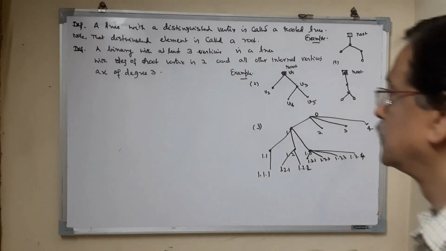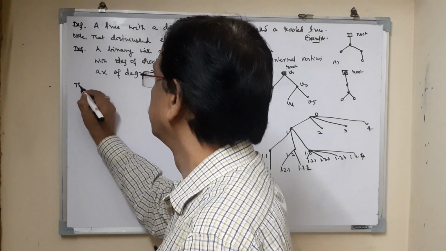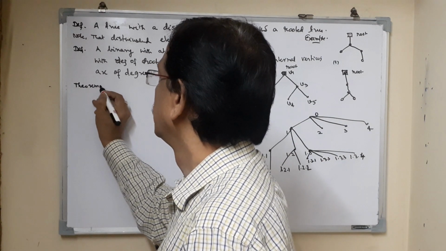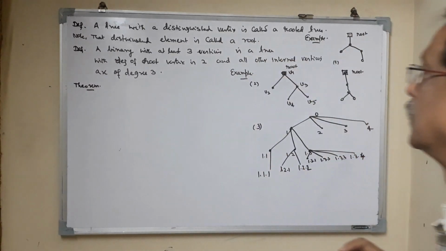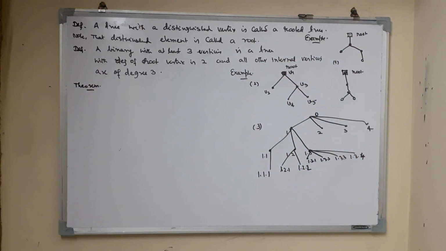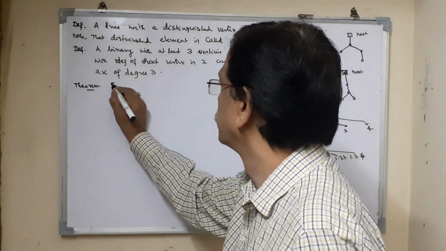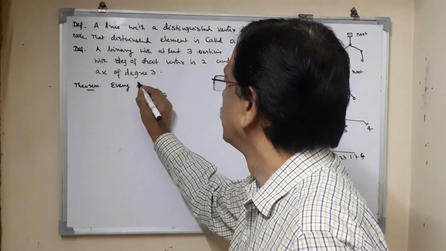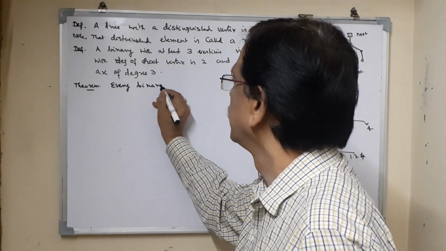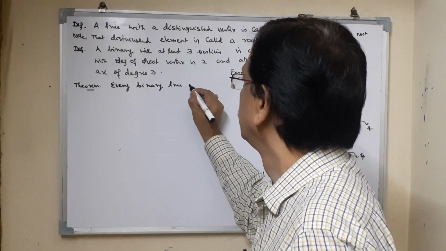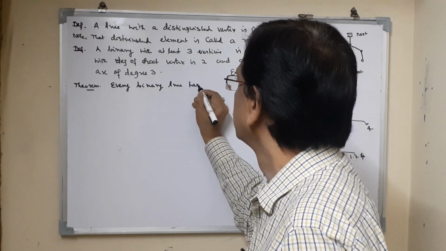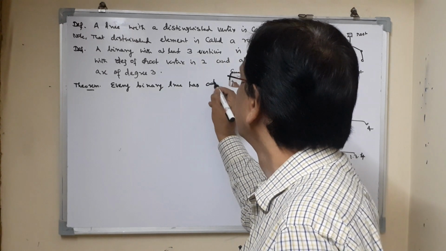Now I have a result, a theorem about the binary tree. Every binary tree has an odd number of vertices.